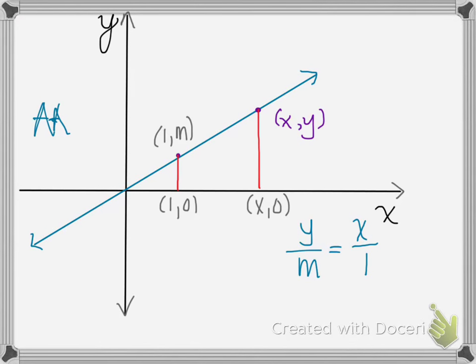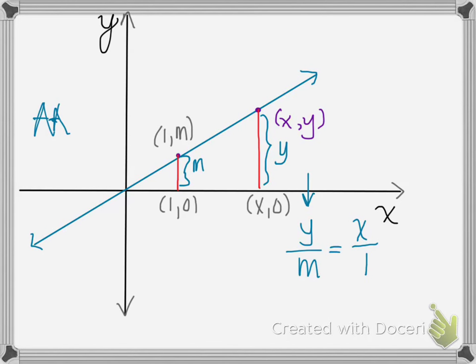Looking at this distance here, I know that this distance is equal to y, because from the x-axis up to the point here, the value of the y-coordinate is that distance. So that distance is y. This distance right here is m. Those are corresponding parts on that triangle, so that gives us the first ratio in this proportion: y over m.